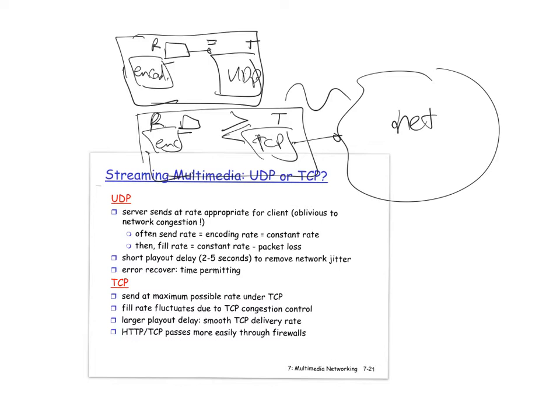In fact, if there is a network congestion, in the case of UDP it will congest the network, and will send all the packets. So in that case, the throughput, the receiver rate, will be much less than the sender rate. And in that case, you will have a problem at the receiver. But as far as UDP is concerned, it doesn't care.